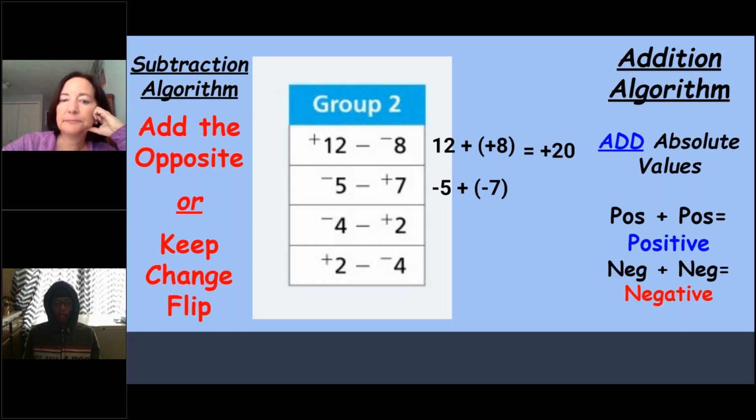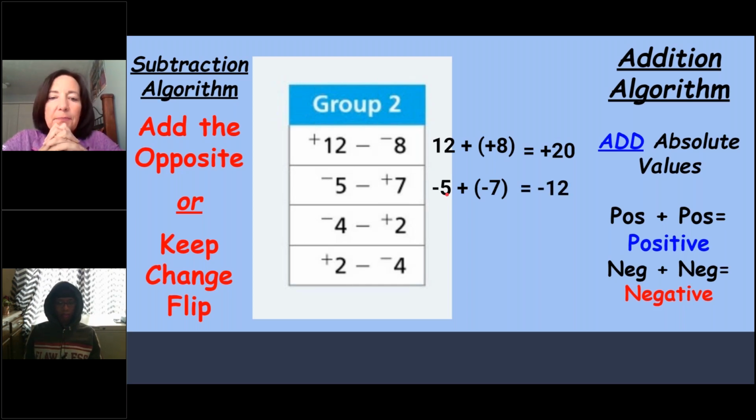So that would be a negative, a -2. This time our signs are the same. So when the signs are the same, we add the absolute values. So it's a -12. Perfect.